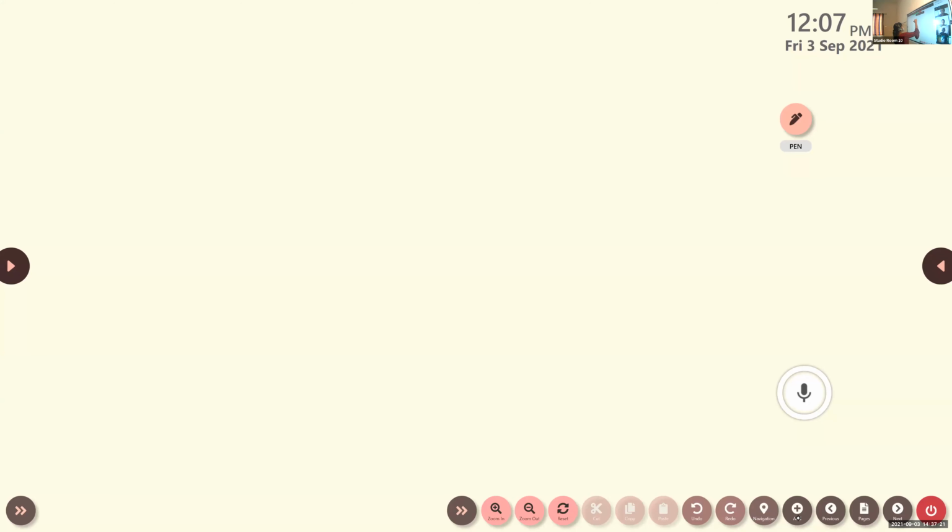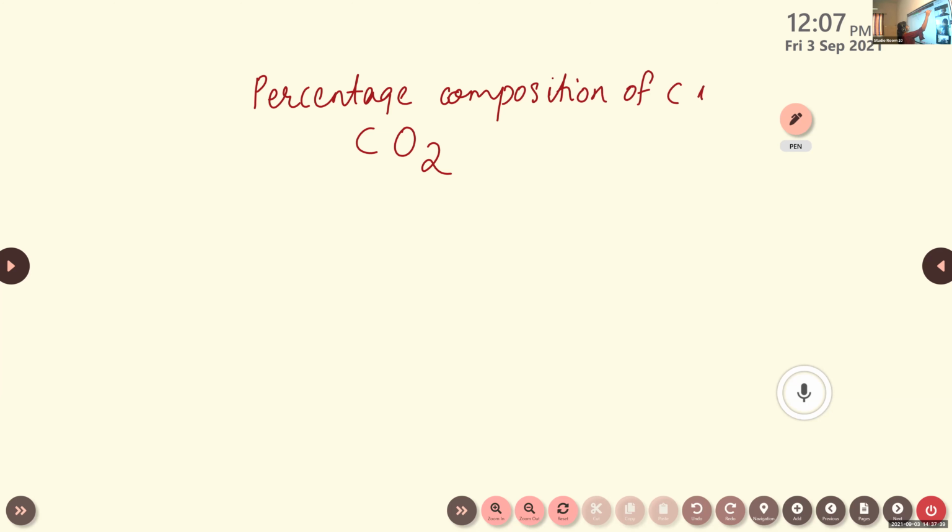CO2. Find out the percentage composition of carbon in CO2.